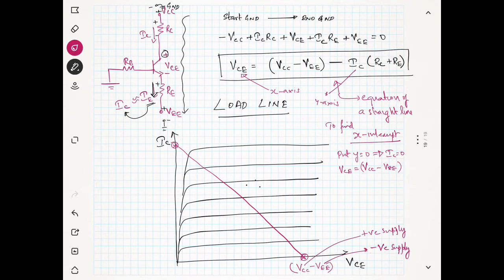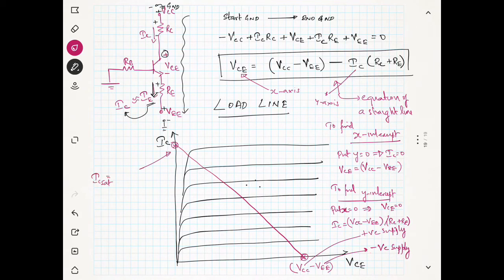Now to find the y-intercept, you have to put x equal to 0, that means you have to put VCE equal to 0. That means IC is equal to VCC minus VEE over RC plus RE. So this is nothing but IC sat.